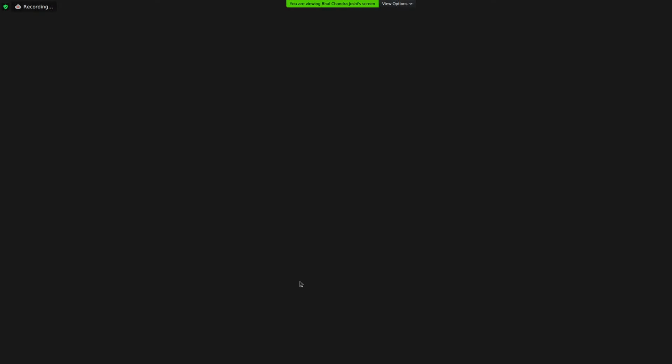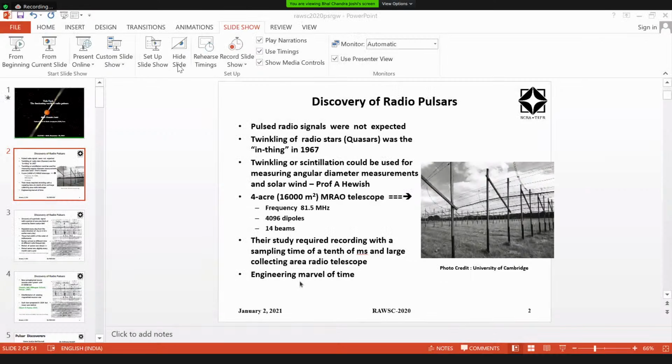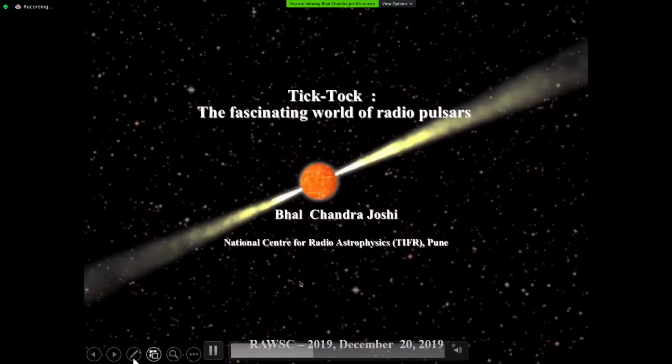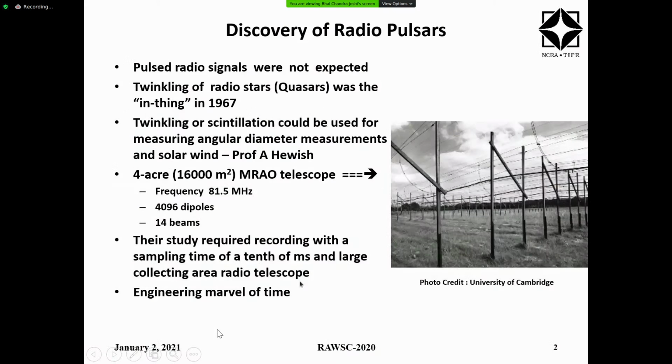Okay, so let me share again. Pulsars were discovered not because anybody was looking for it, but they got discovered by accident.